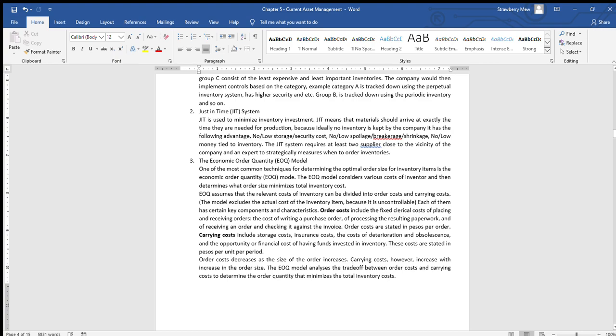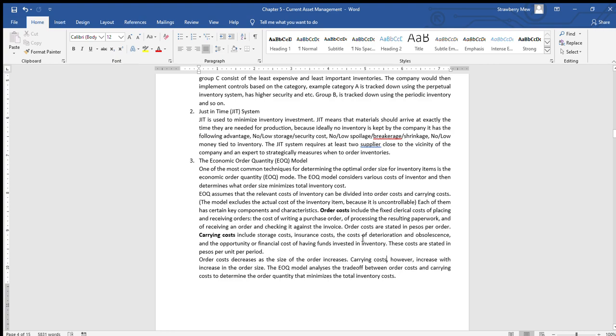Okay? Lalaki ang carrying cost if the order size increases kasi nga kapag the order size increases, we will be incurring carrying costs through holding inventories longer. Okay?